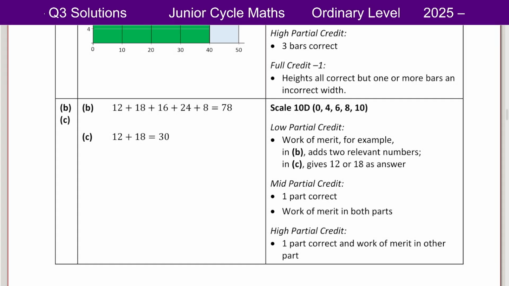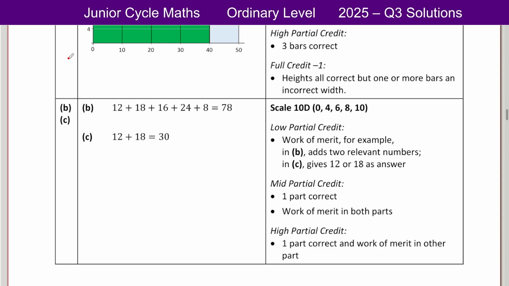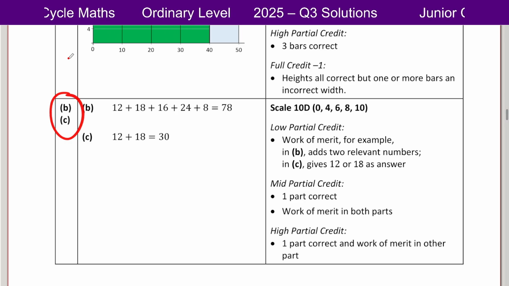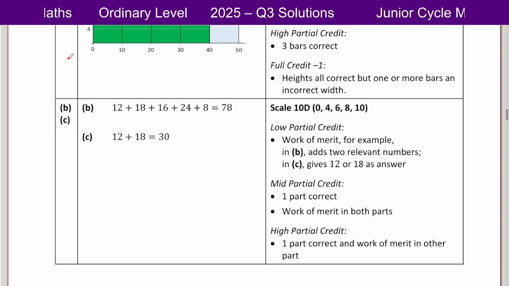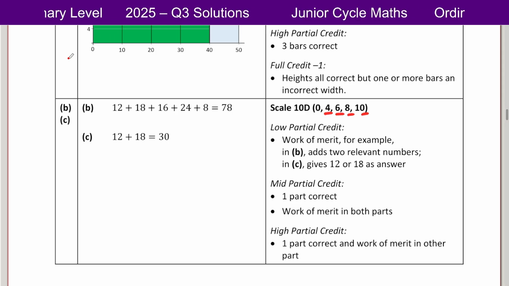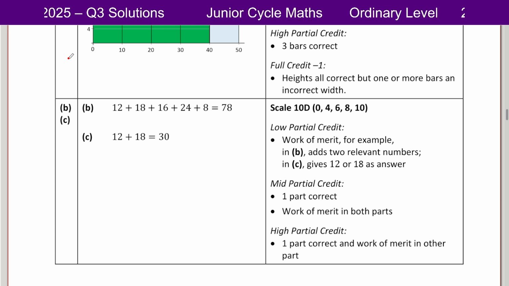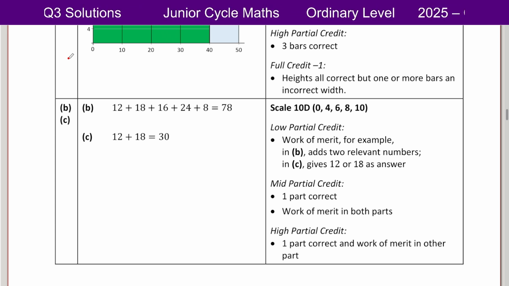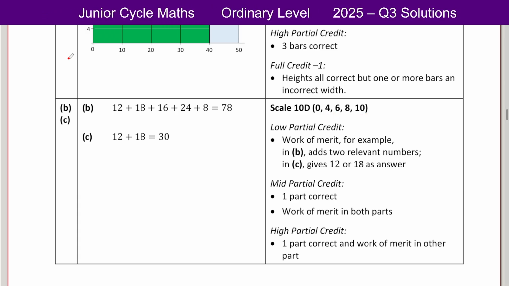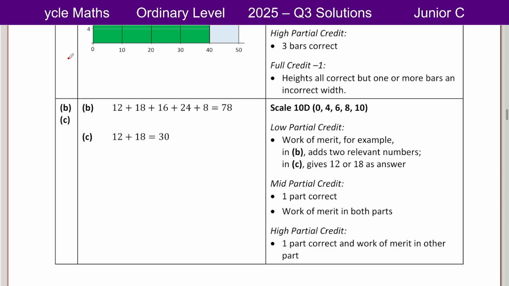The other 2 parts, B and C, are both on the scale of 10. So we have 10 marks for parts B and C together, with 5 subcategories. We get 4 out of 10 in the case of low partial credit, when we show some work of merit.